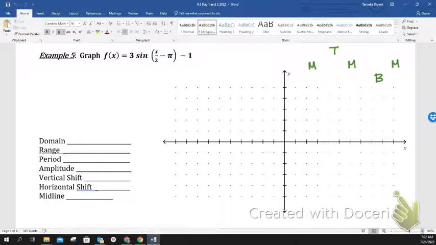Now, the first thing you want to do is notice how this says x over 2. So this is really the same as saying 1/2 times x minus pi, because when you divide something by 2, you're multiplying it by 1/2.